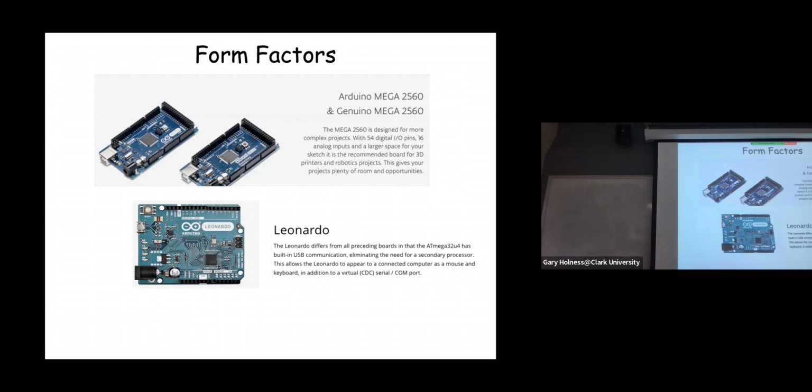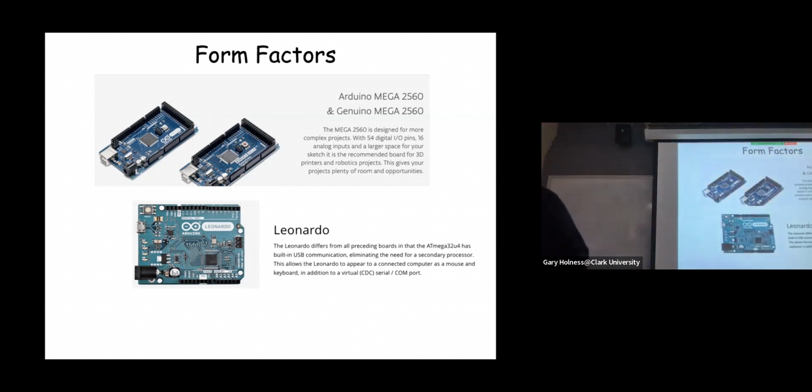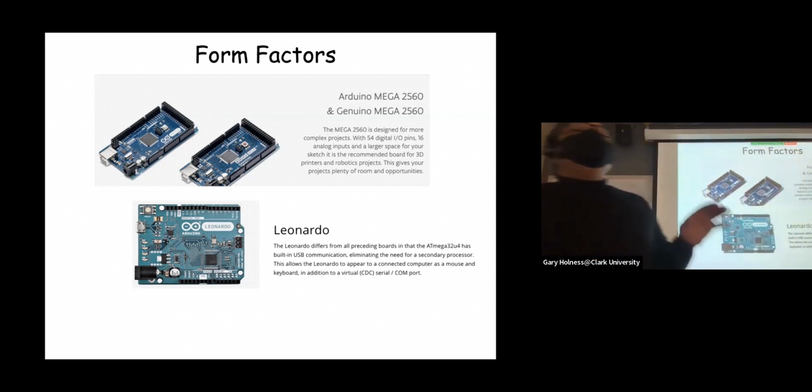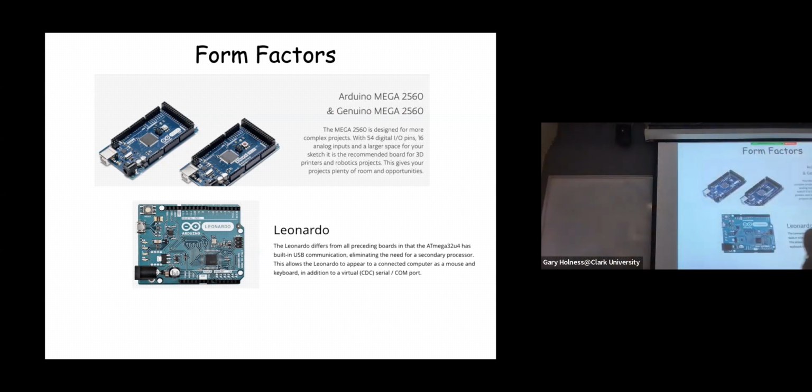It has 54 digital I/O pins and 16 analog I/O pins. And that's a lot more than the plain vanilla Uno revision 3. And so if you had an application, it could be factory automation, it could be a robot, what have you, and you need a lot more I/O than is afforded by the Uno revision 3, you'd use the Mega platform.